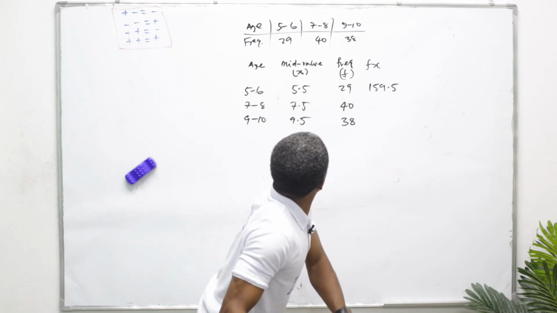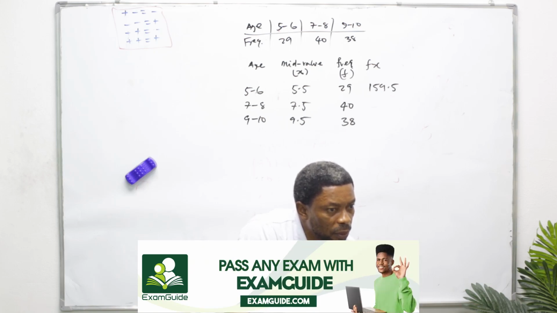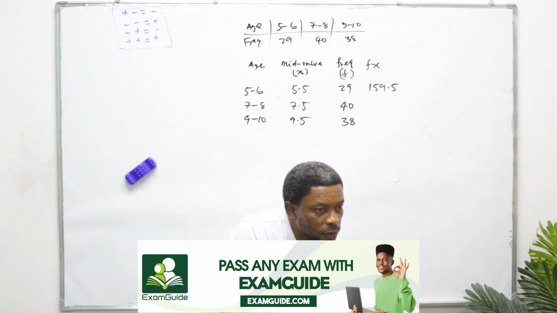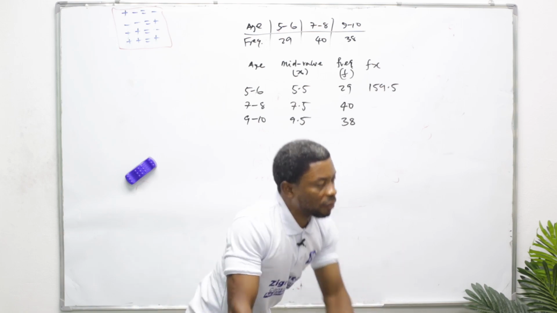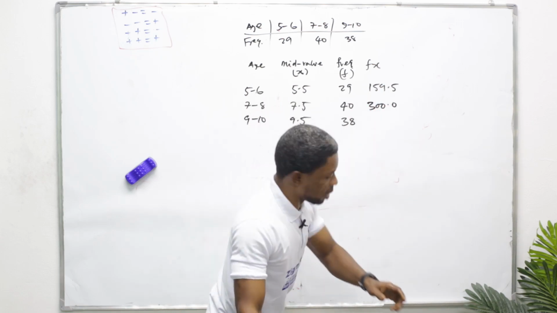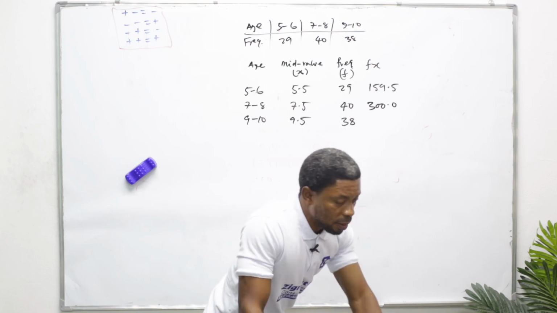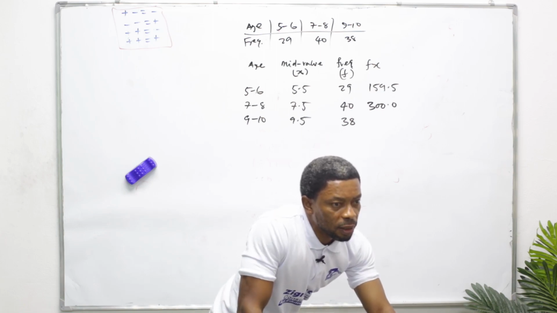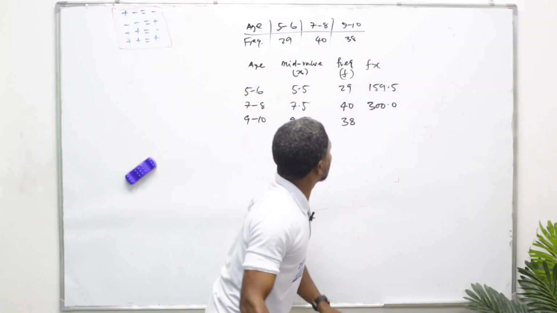Then we have 7.5 multiplied by 40, you have 300.0. Then the next one is 9.5 multiplied by 38, you have 361.0.